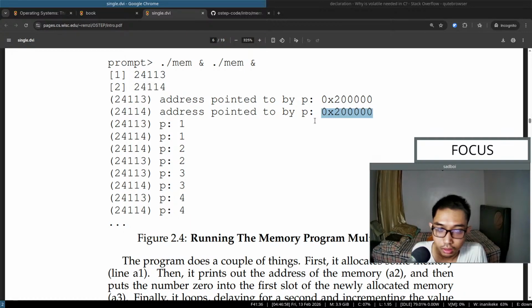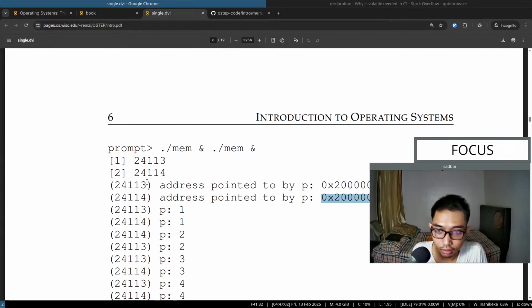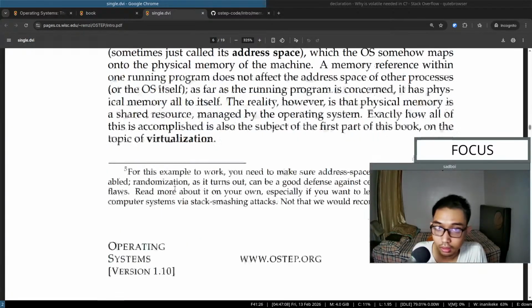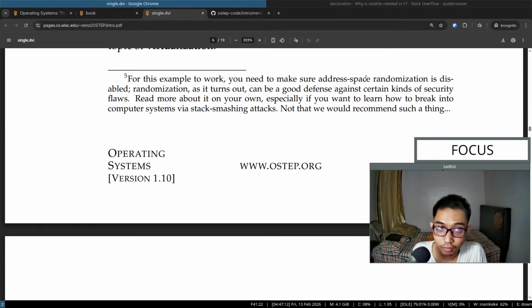Which can use the same memory address even though it is on a different process. Thing like that. The address space randomization is disabled.